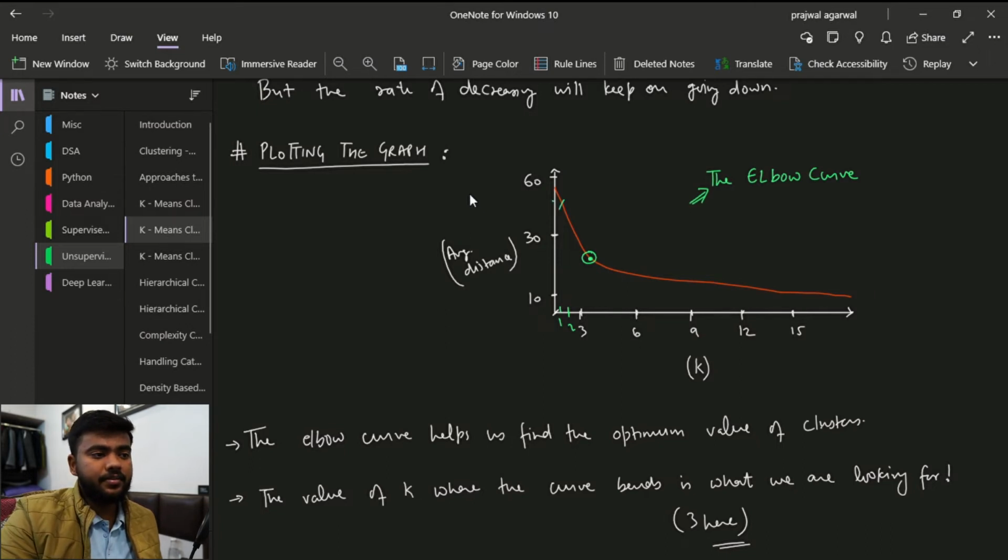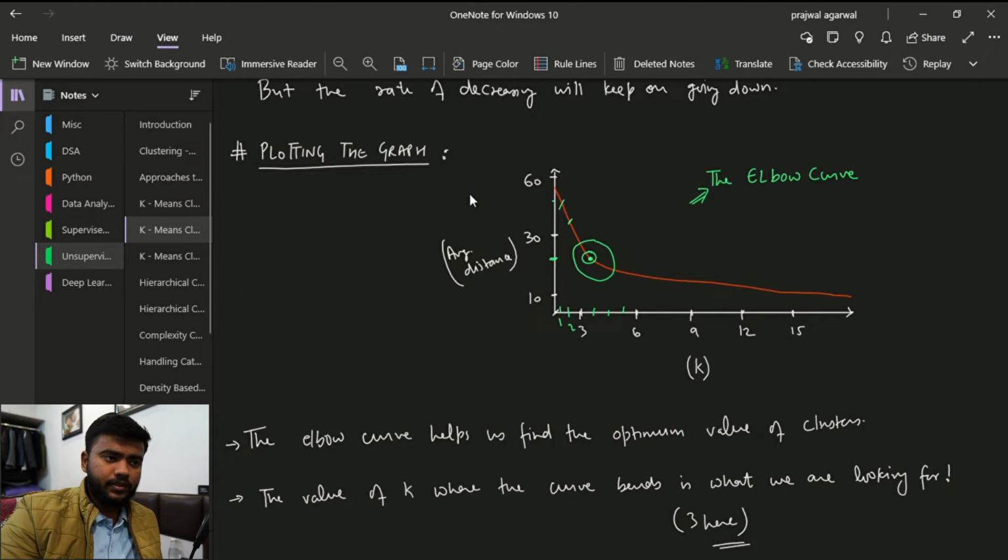Then we increase the number of clusters and the average distance goes down, and we increase again and it goes down more. But at a certain stage your graph is going to bend, and after that when you increase the number of clusters there is not going to be a much significant change in the average distance.